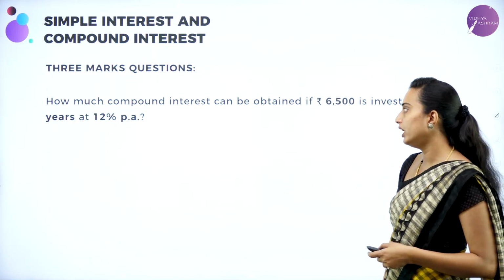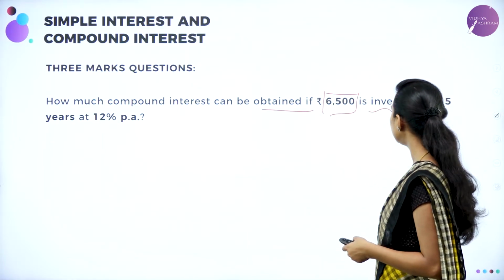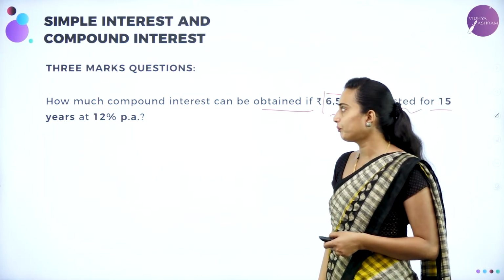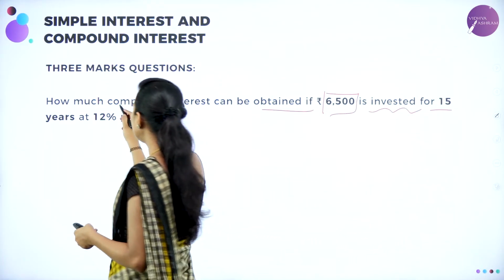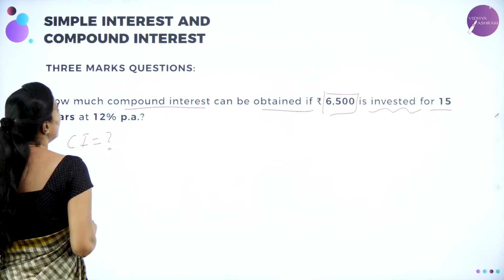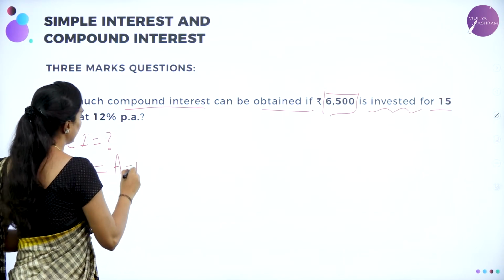How much compound interest can be obtained if rupees 6,500 is invested for 15 years at 12% per annum? So they have asked you to calculate the compound interest. CI is equal to question mark. We know CI is equal to A minus P. Correct?